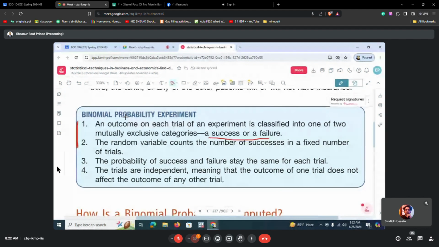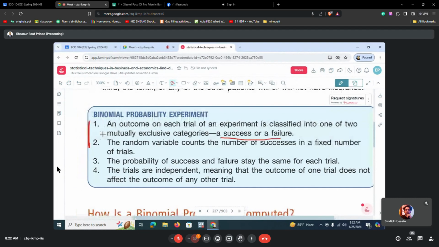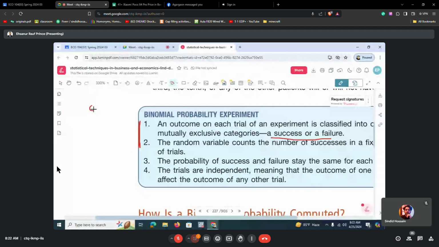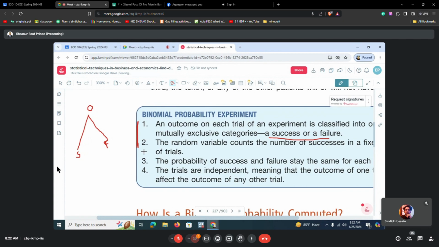But this time, for the case of a binomial probability experiment, the outcomes are divided into 2 groups. Let's say this is the outcome or result. This outcome or result of an experiment is classified into 2 groups: either success or failure. But what is your point of interest? The random variable counts the number of successes, right?